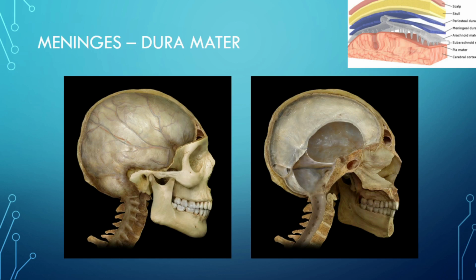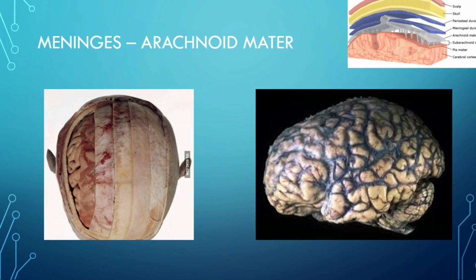these types of hematoma. Now if we look at the next layer, this is the arachnoid mater, or just the arachnoid layer, and we can see it here surrounding all of the cerebrum. You can see it on the surface of the cerebellum and also on the brainstem.